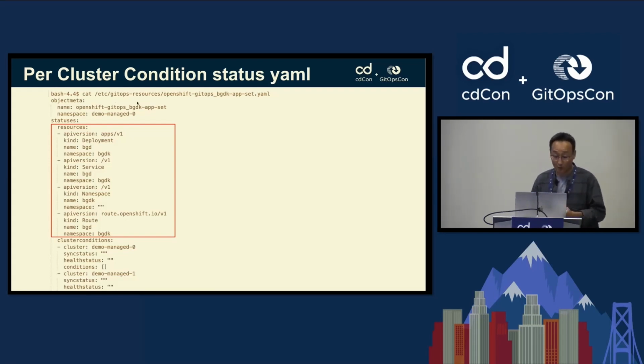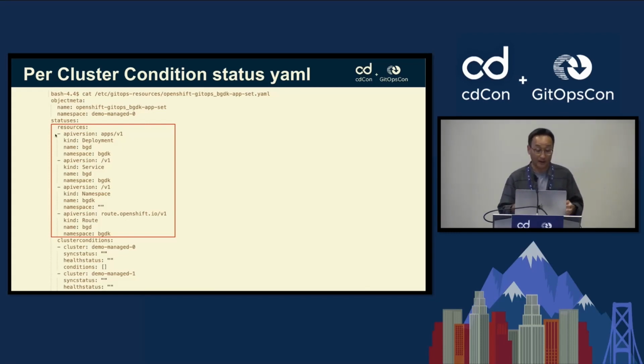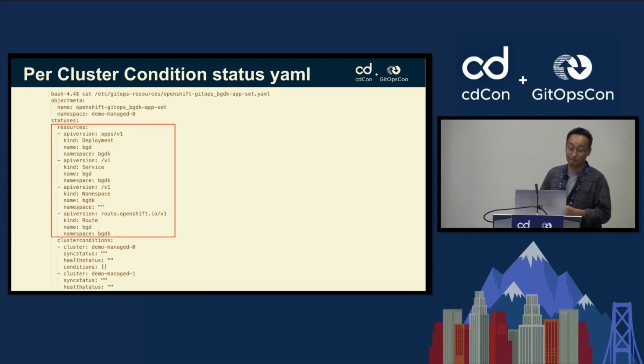Then we generate this YAML format result into the shared volume in the pod. One application set has one YAML format output here. The first section shows that we are able to get this resource list from the first application we deployed to the first managed cluster.